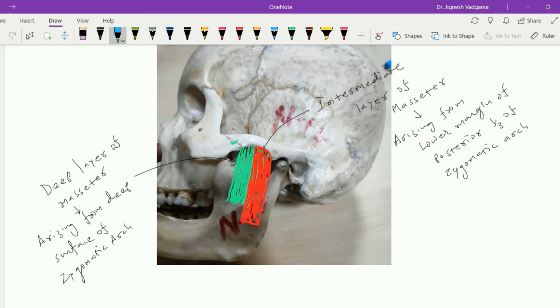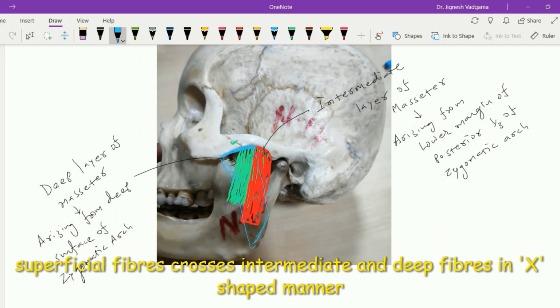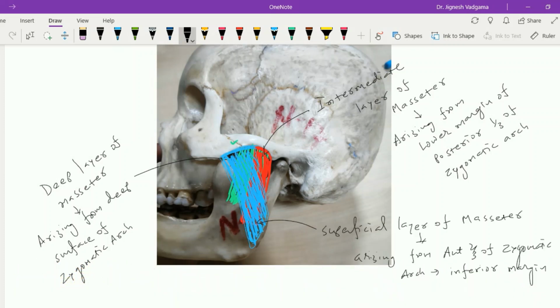And the superficial most fibers arise from the inferior margin of the anterior 2/3 of the zygomatic arch, and these fibers pass downward and laterally, and then posteriorly, and they insert over the lateral surface of the ramus of the mandible after crossing the deep fibers in an X-shaped manner.